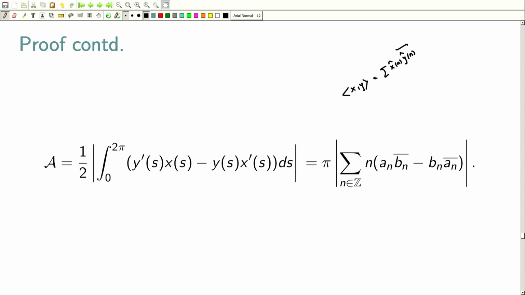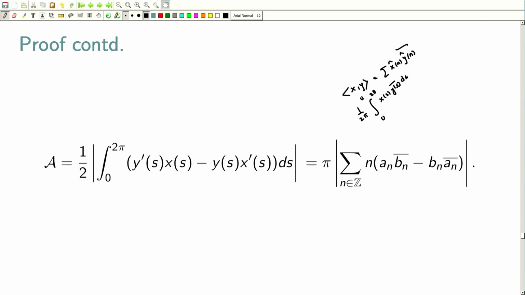Therefore, this is 1 by 2 pi integral 0 to 2 pi x(s) y(s) bar ds.